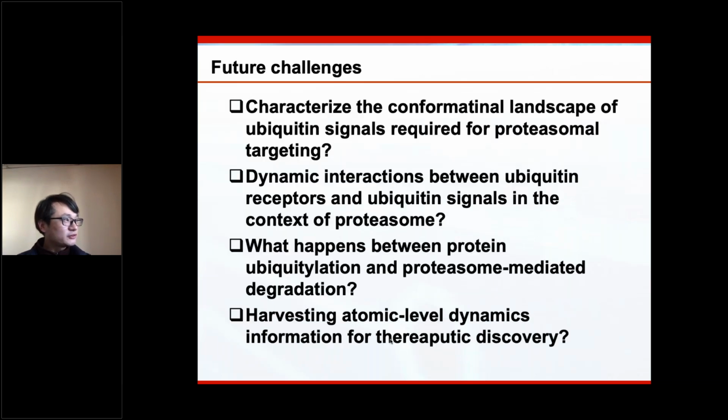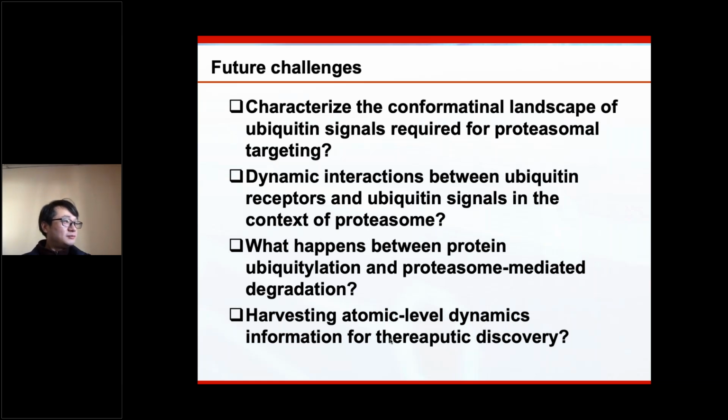The last slide is trying to stimulate some thoughts: what's the future? What's the immediate future and the longer term future? So we look at three different directions. One is how to characterize the conformational landscape of ubiquitin signals required for proteasome targeting, and try to understand how these ubiquitin signals interact with the ubiquitin receptors in the context of the proteasome. That's a very important and very difficult job to do.